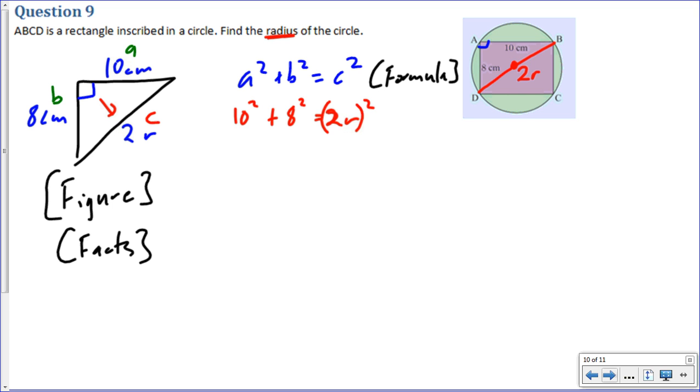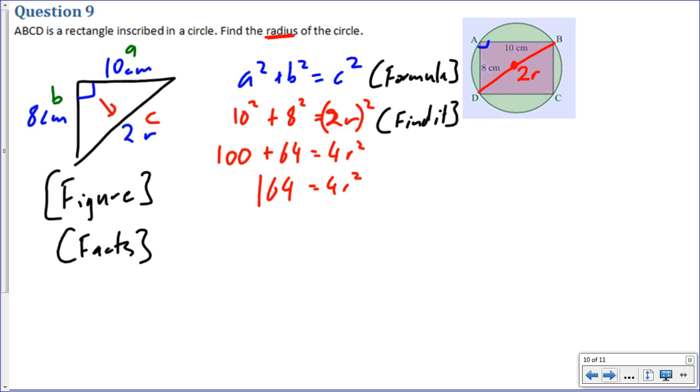So now I'm into my find it. Doing the maths. So 100 plus 64 equals 2 squared is 4, and that becomes R squared. So it's going to be 100 and, ooh, let's actually write that correct. So 164 equals 4R squared. So 164 over 4 equals R squared.